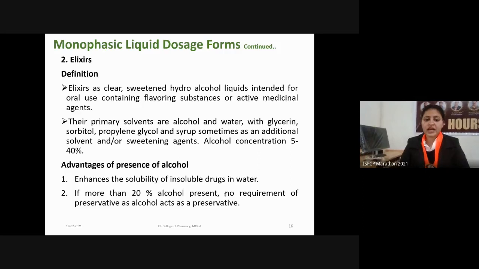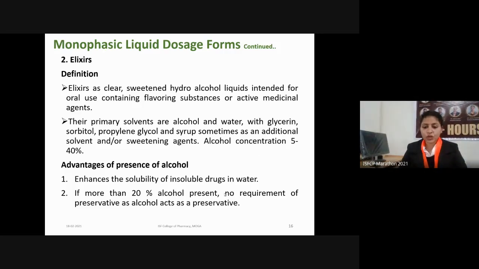The drugs which are insoluble in water will be solubilized in the alcohol, and as we know, alcohol is freely soluble in water. So, alcohol will improve the solubility of the insoluble drug in the water.